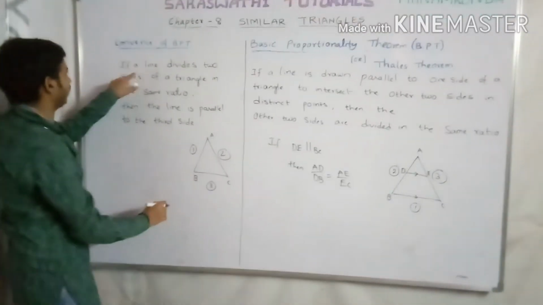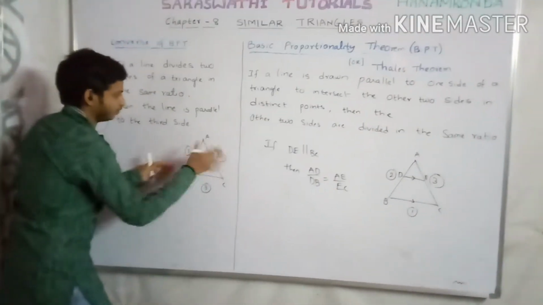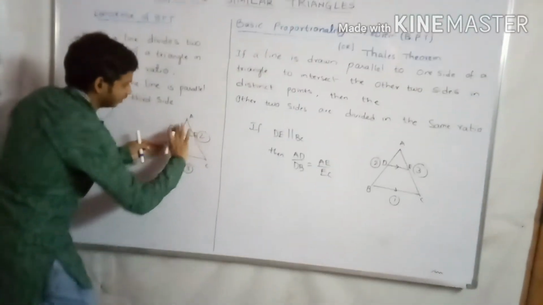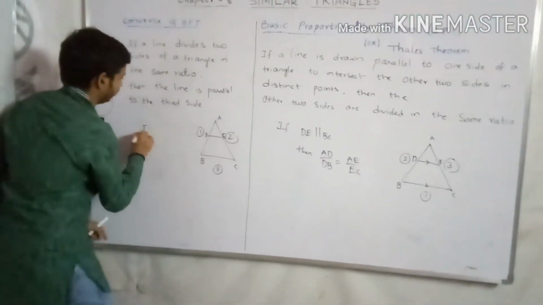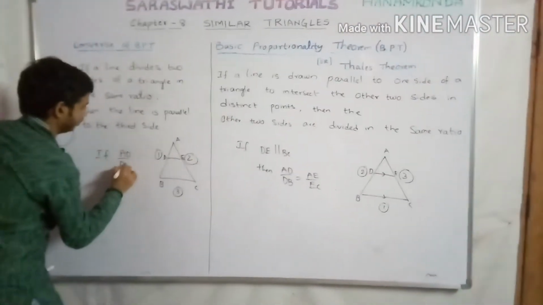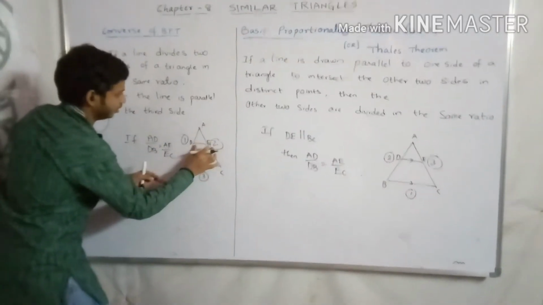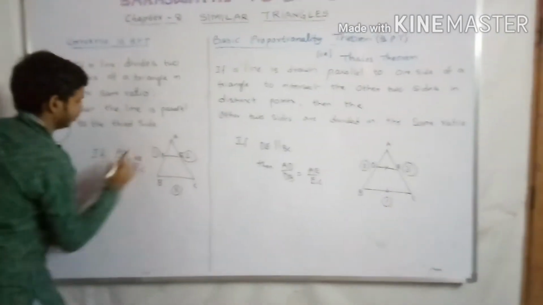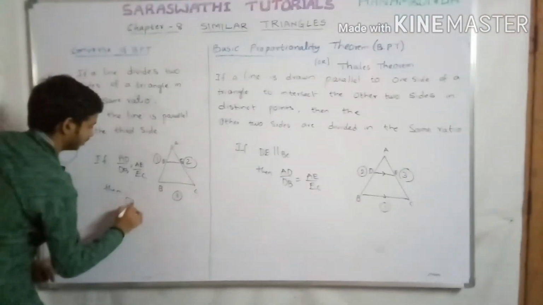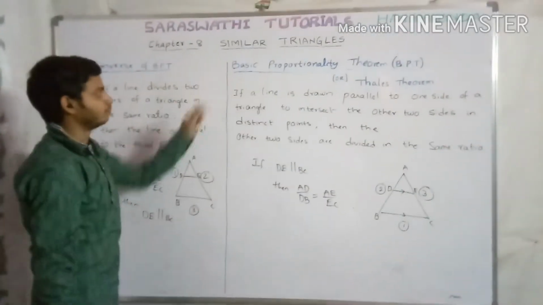If a line DE divides the first side and second side in the same ratio, that is AD by DB equals AE by EC, then this line DE is said to be parallel to the third side. This is quite opposite to that of BPT.